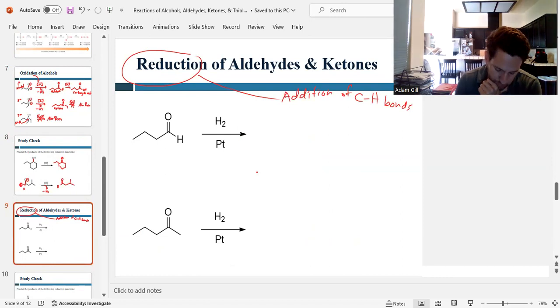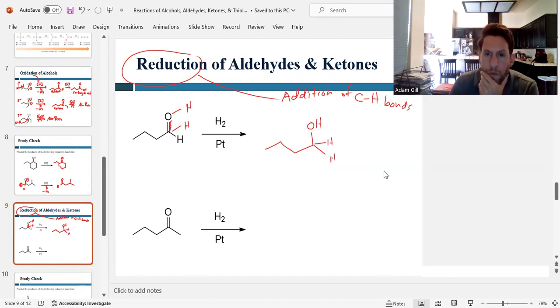So we're going to break the double bond here, and we're going to be adding H. So if I was to redraw that, this would be an OH. And the hydrogens would be back. Okay. So reduction is reducing the multiple bonds to oxygen to a single bond oxygen.